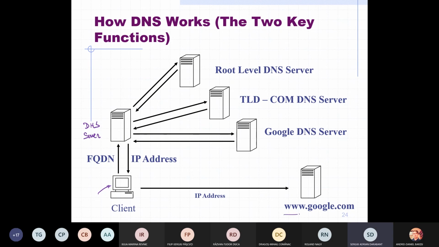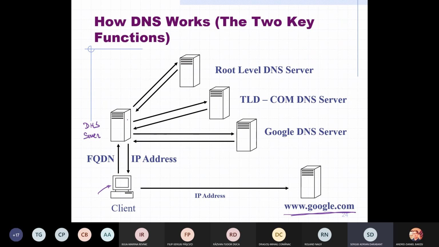And I want to get information about this domain. The query could be recursive. I mean, I could instruct the DNS to do a recursive query or an iterative query.